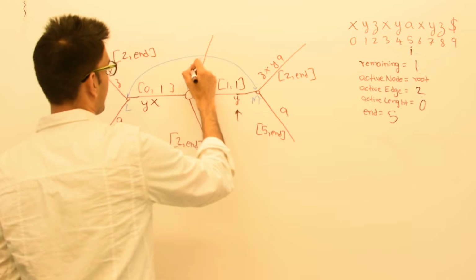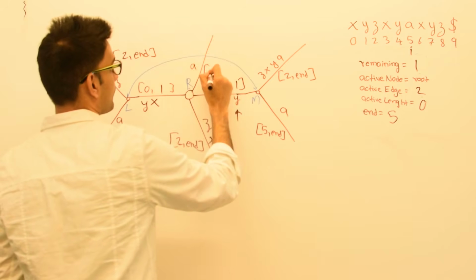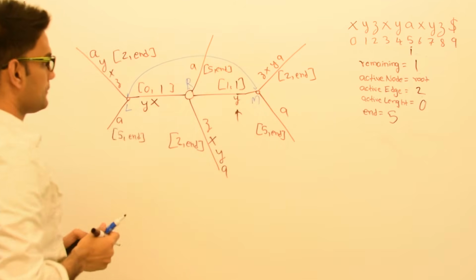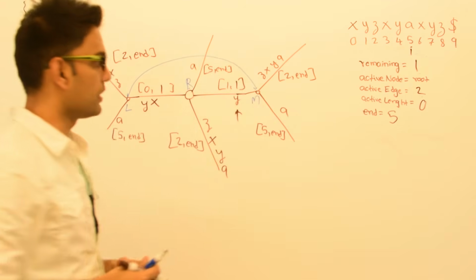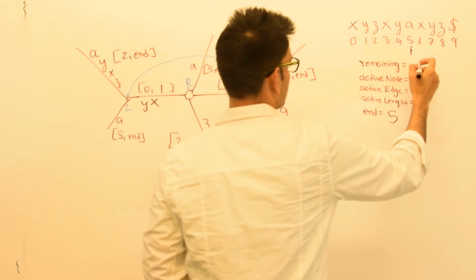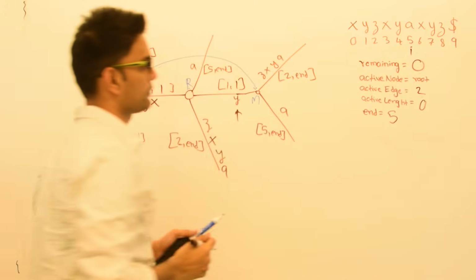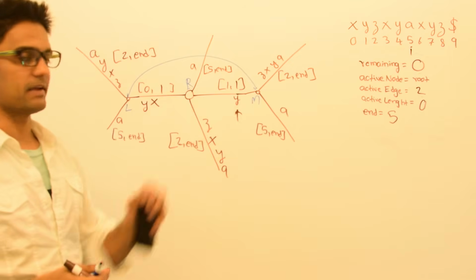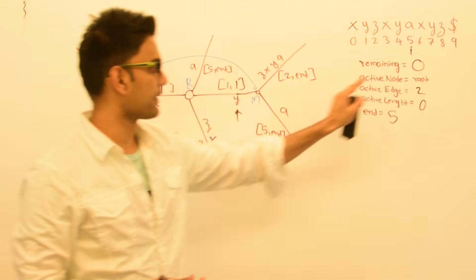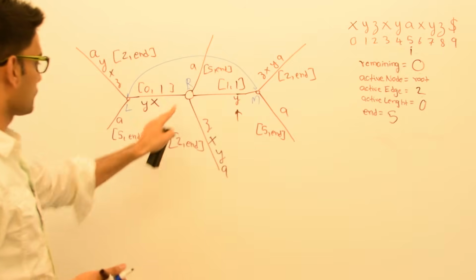We'll create a, and this will be 5, end. Since we created a new leaf edge, we'll decrement our remaining by 1. So remaining becomes 0. Since remaining is 0, we break out of this while loop and end the current phase.